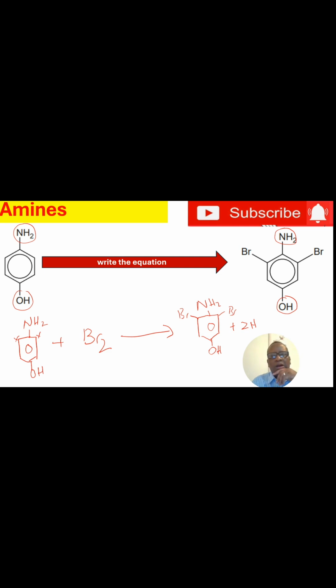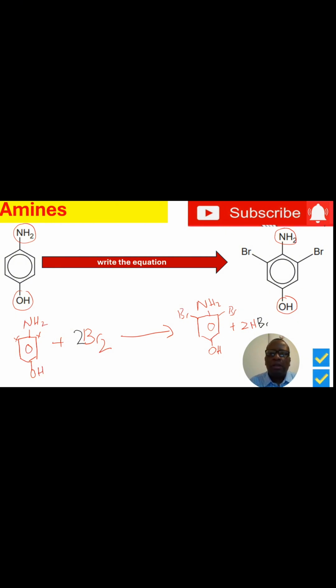But usually we make hydrogen bromide, because the bromine will also react with the hydrogen that has been substituted. So we needed 2 bromines here, and we'll need plus 2 HBr. What do you think? Well done.